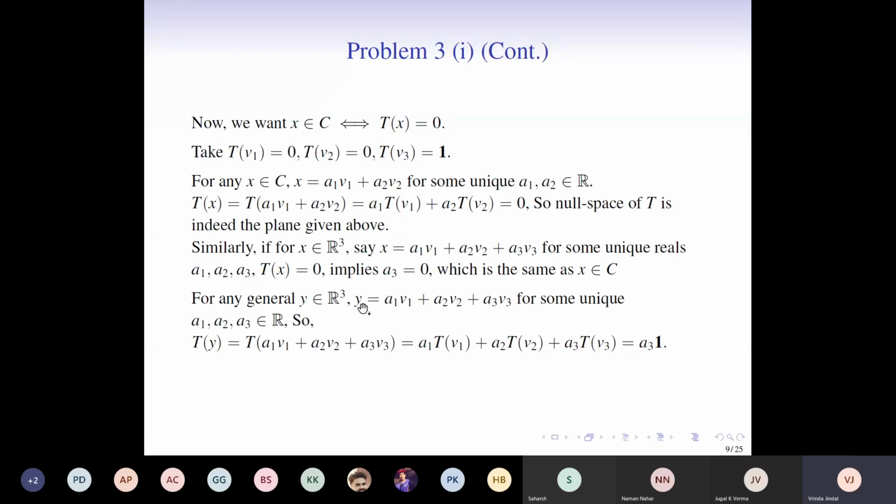So if we see for any general y, just to define how we will be able to calculate T of y for any general y belonging to R3, y is a1 v1 plus a2 v2 plus a3 v3, because again v1, v2, v3 form a basis of R3.